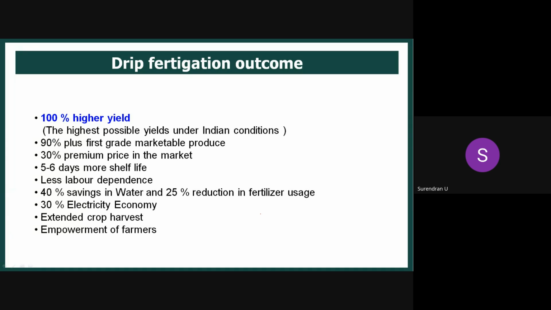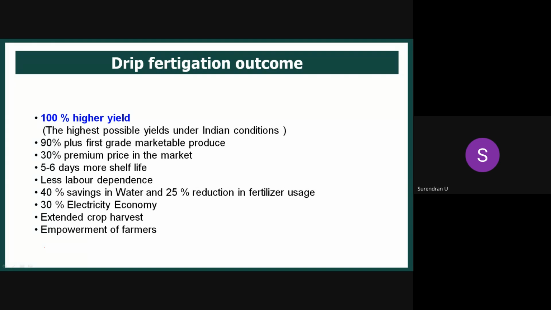So we got an extraordinarily high yield since water and nutrients are being controlled and given as per the requirement. 90% first grade products, as I was telling, the uniformity in the produce is also there. Then a 30% premium price, and a shelf life 5 to 6 days longer than the normal product. And we observed around 40% savings in water and 25% reduction in fertilizer usage.